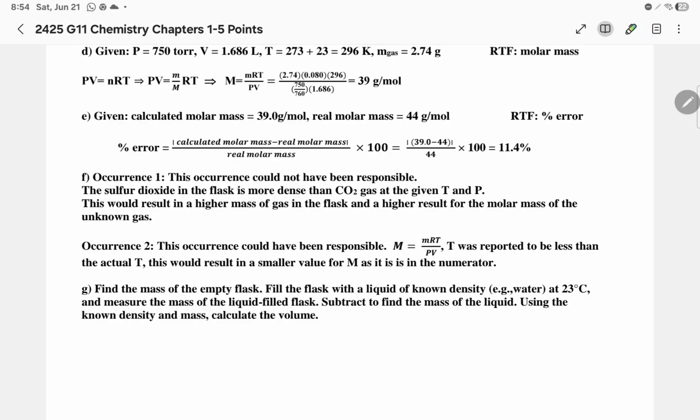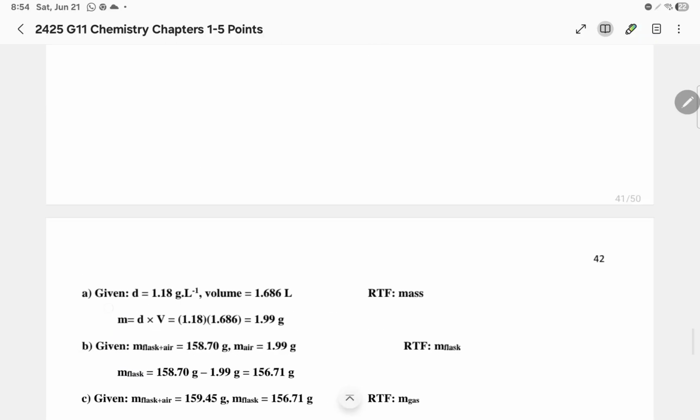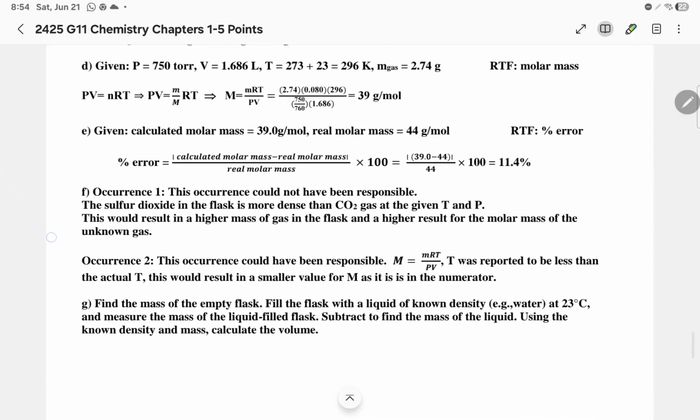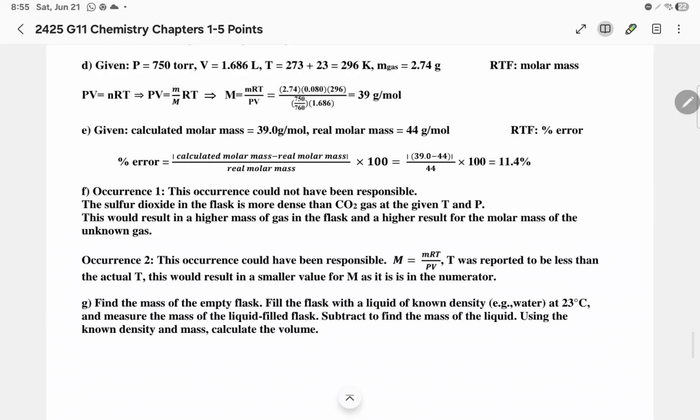So this is impossible. Now occurrence 2 says that the temperature of the air was 23, but the temperature of the CO2 was higher. Now, if it was higher, then the result would be less. So the occurrence could have been responsible, because we got a smaller answer.